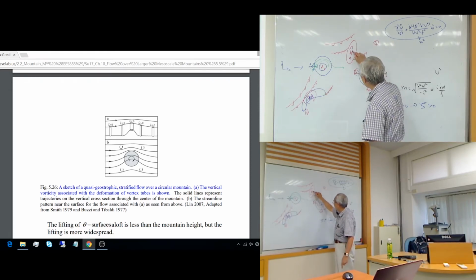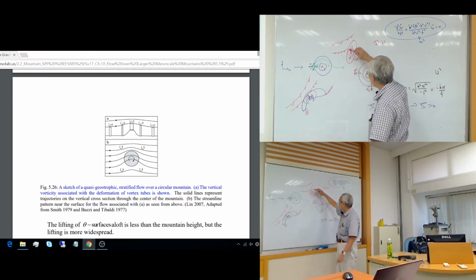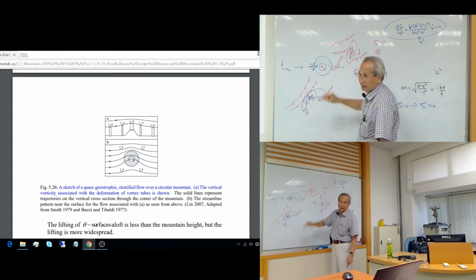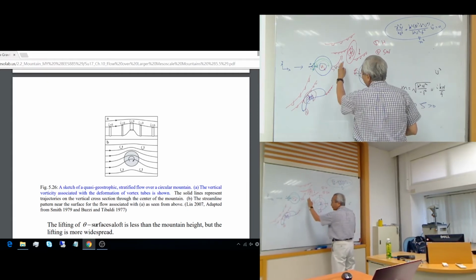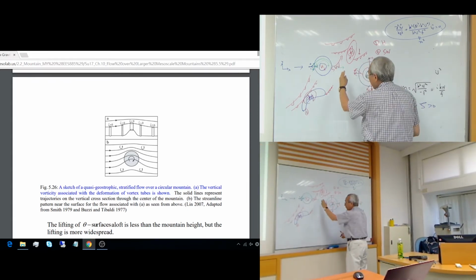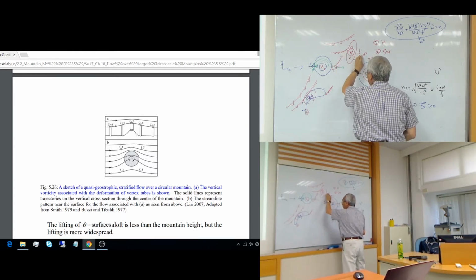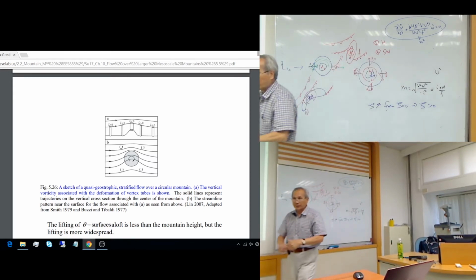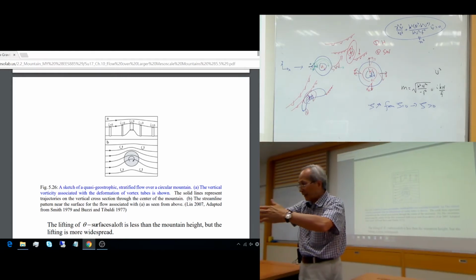One is where mountain-induced high pressure pushes this way, so this part goes faster. The second part is we have the southwesterly monsoon that will retard, 阻挡, make this slower, and this one faster because partly this high pressure.